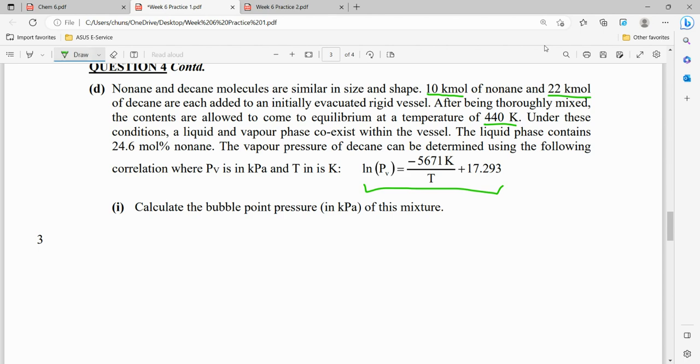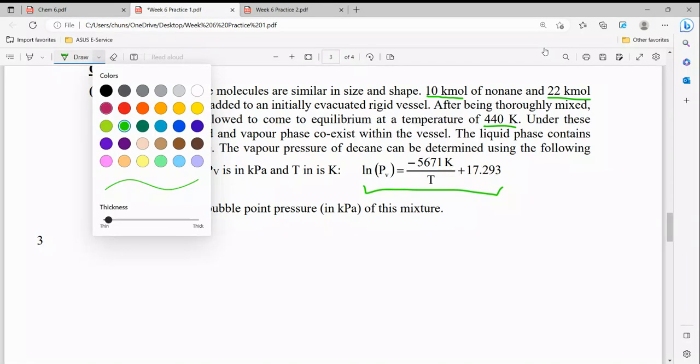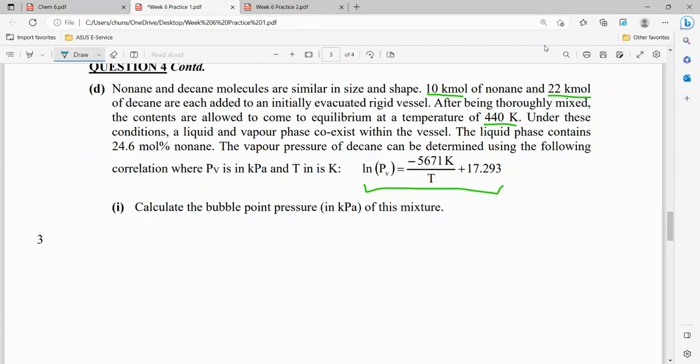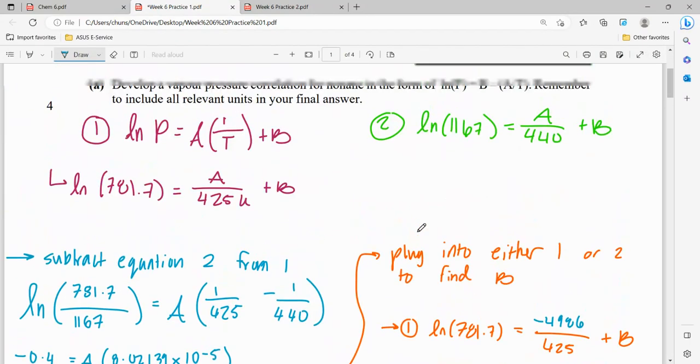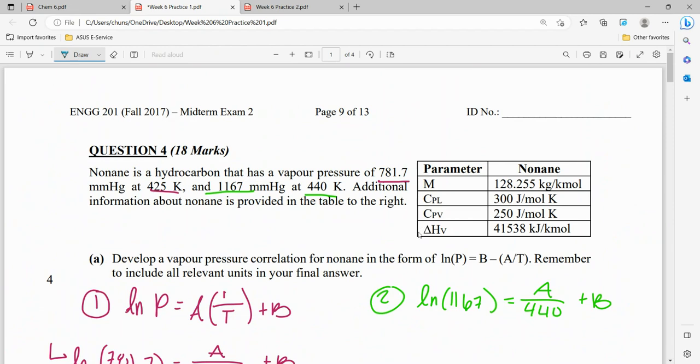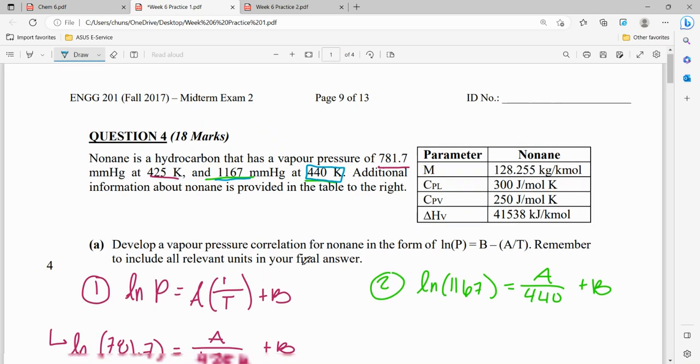First, we can use our information given in part A of the question, which we did previously. We saw that at 440 K, which is the same temperature as our vessel in this question, nonane has a vapor pressure of 167 millimeters of mercury.